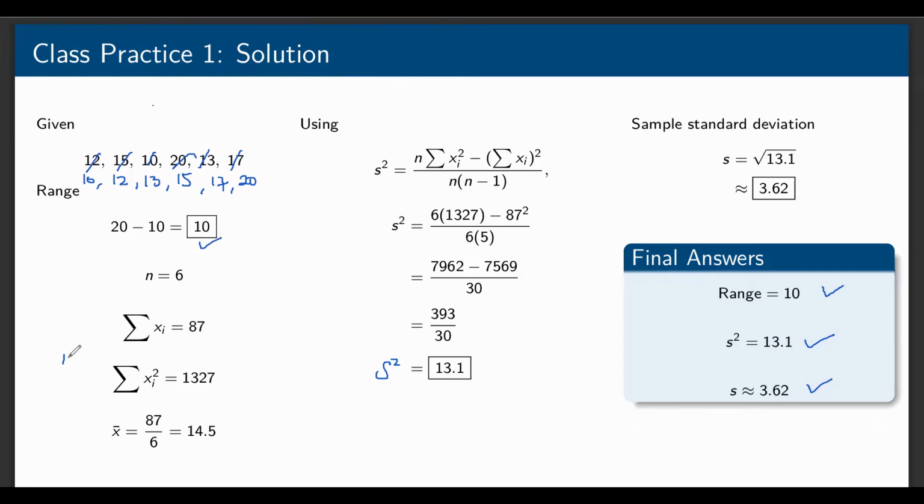We have 10 squared to be 100, 12 squared is 144, 13 squared is 169, 15 squared is 225, 17 squared is 289, and then 20 squared is 400. So you sum all these numbers, you should get 1327.